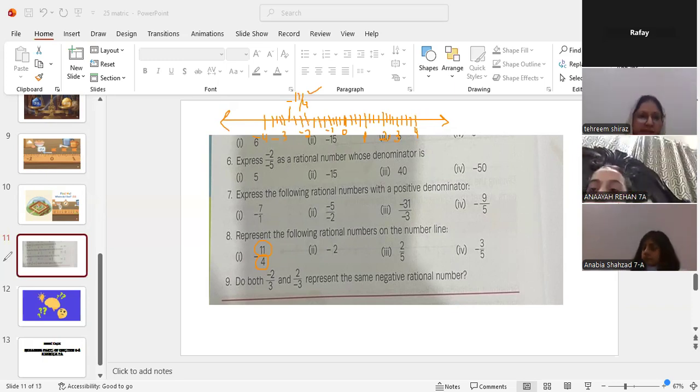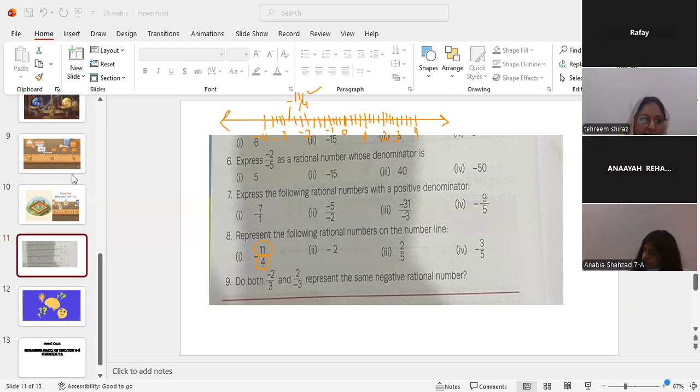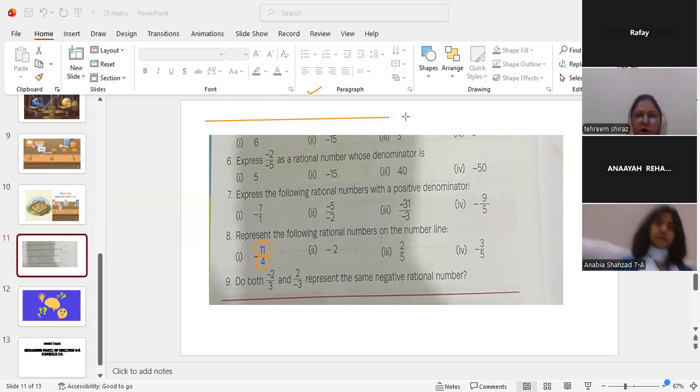Okay, now listen again. First of all, we have to draw a line. We have to draw a straight line. Is this clear to everyone?